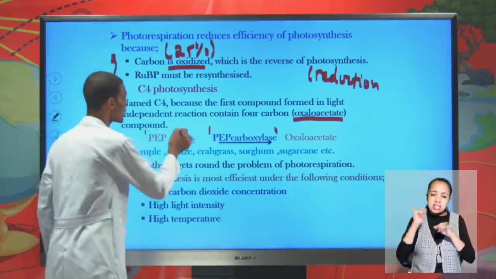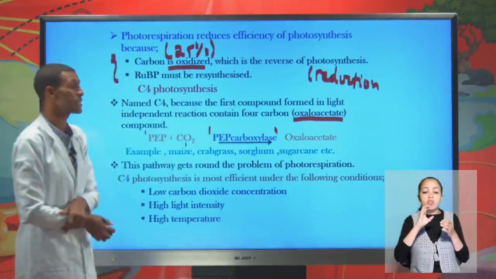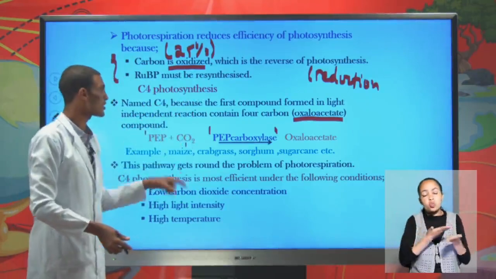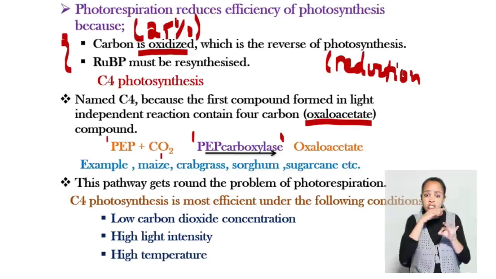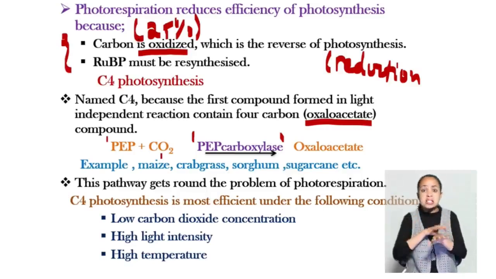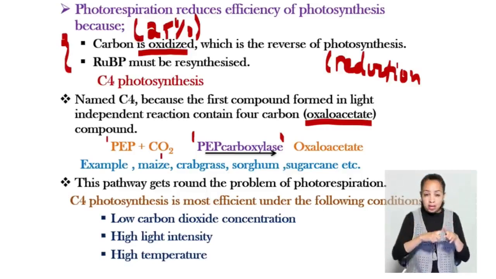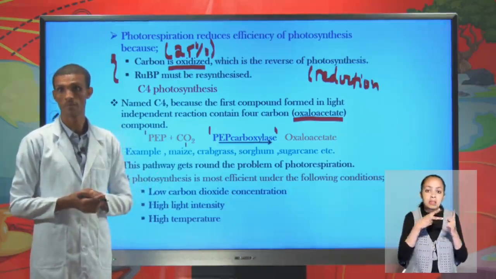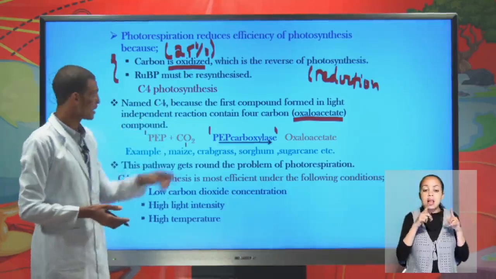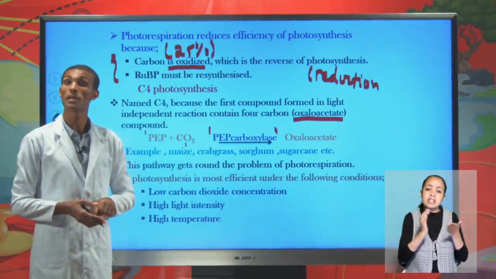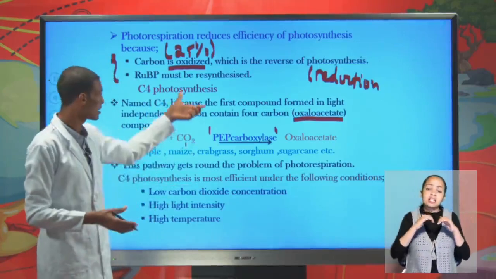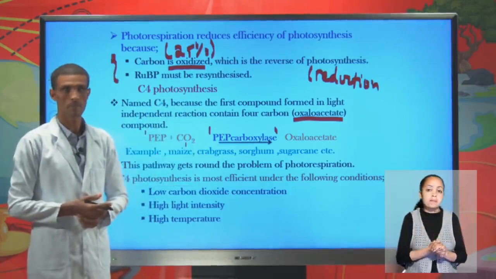So, let's say phosphoenol pyruvate plus carbon dioxide. In the same manner, fixation of carbon dioxide in C4 plants takes place in the mesophyll cell, whereas carbon fixation and the light-independent reaction, or Calvin cycle, take place in different cells. But in C3 plants, both the carbon fixation and the Calvin cycle take place in the mesophyll cell. Here, they take place in separate cells, so there is spatial separation of cells.